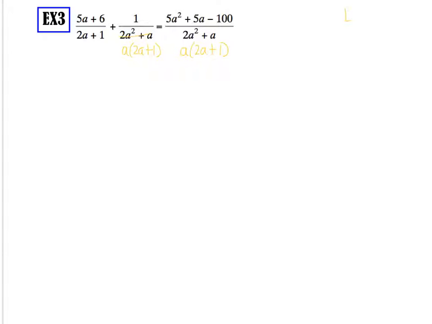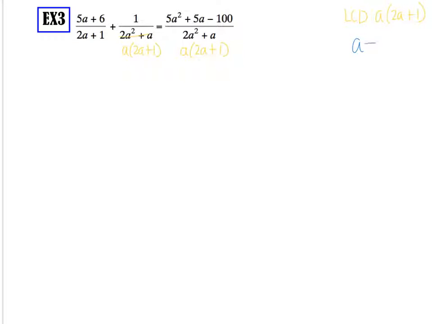Alright, so I see that my least common denominator is going to be a times 2a plus 1. So I want to, from there, determine my restricted values. So if the denominator cannot be 0, then that means a can't be 0 and 2a plus 1 can't be 0.